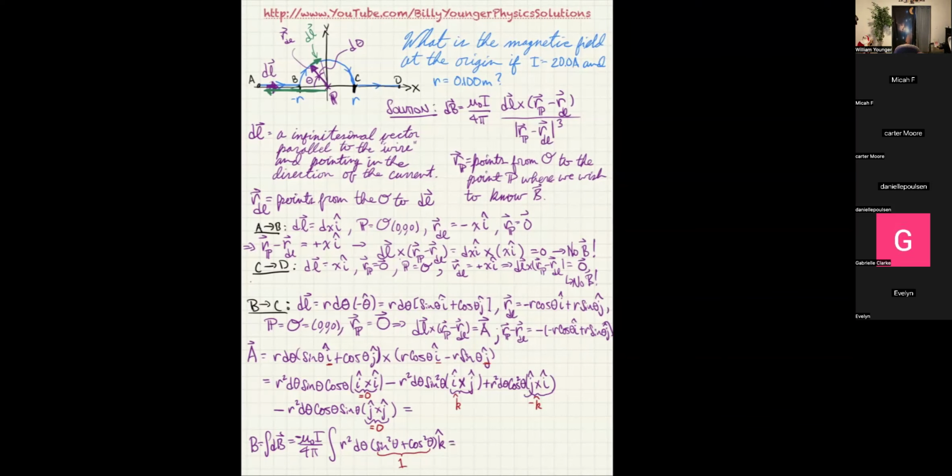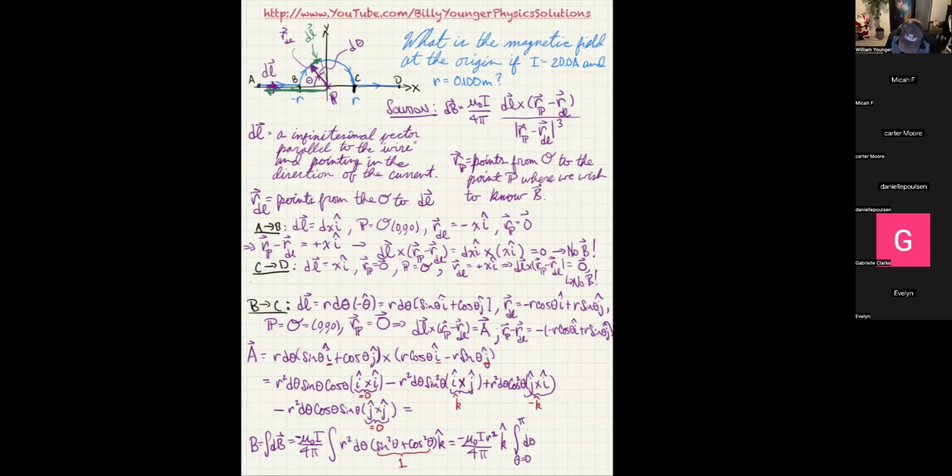So this is going to become negative mu 0 I r squared k hat over 4 pi times the integral d theta from theta equals 0 to, in this case, pi.